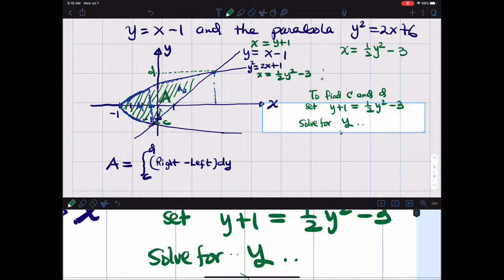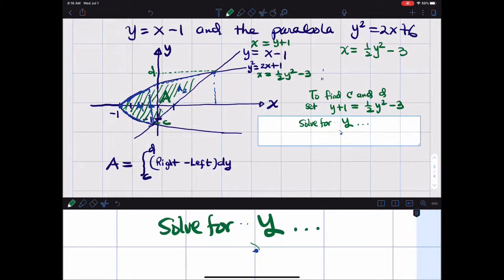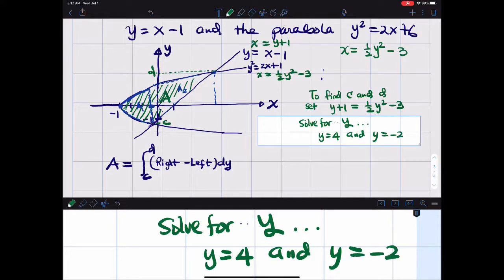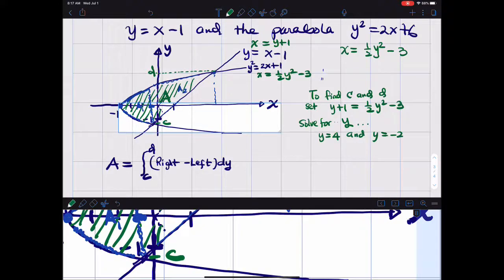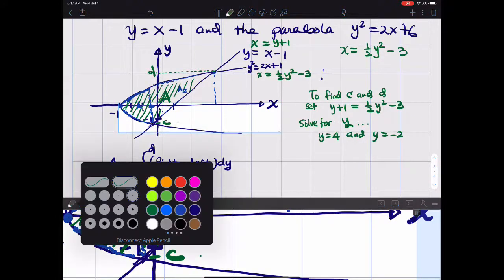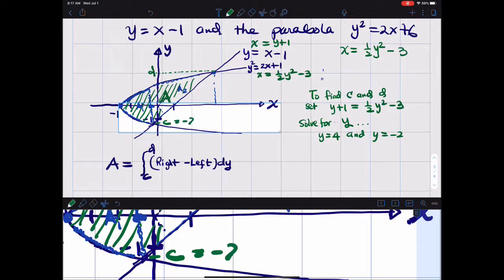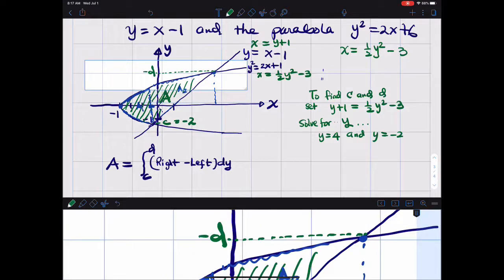If you solve for y, you're going to end up with y equals 4 and y equals -2. So this is -2 and this is 4.